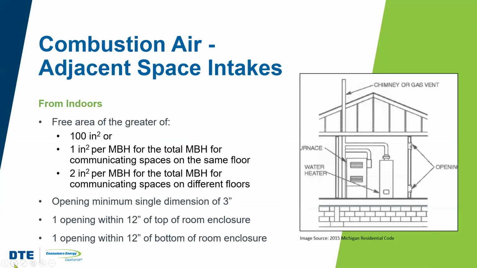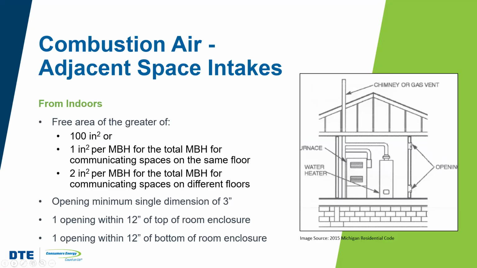We look at those intakes, when we look at those rooms, we could also, in addition, other than taking the air directly from the space, we could bring in air from adjacent spaces. And so we can draw combustion air from an adjacent space if that space has a volume that is at least 50 square feet for every 1,000 MBH, or for every MBH of capacity that we have for all of the equipment.